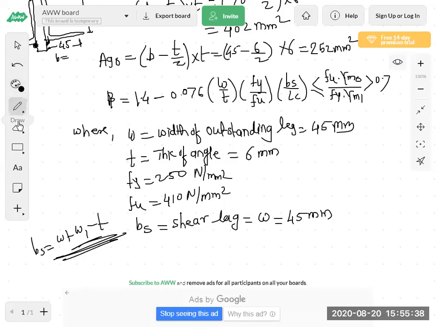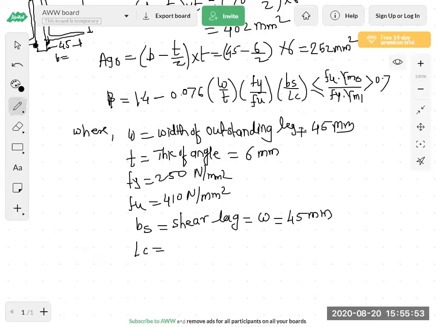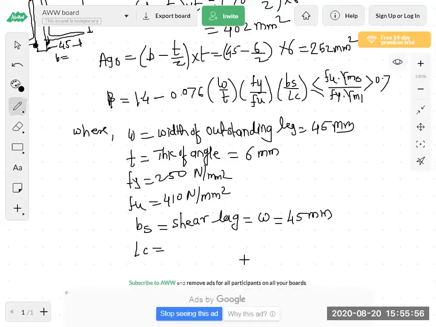So we have seen such examples and notations. Okay, BS is over. Now the last unknown is LC. So what is LC? We have seen one example in load carrying capacity of tension member.